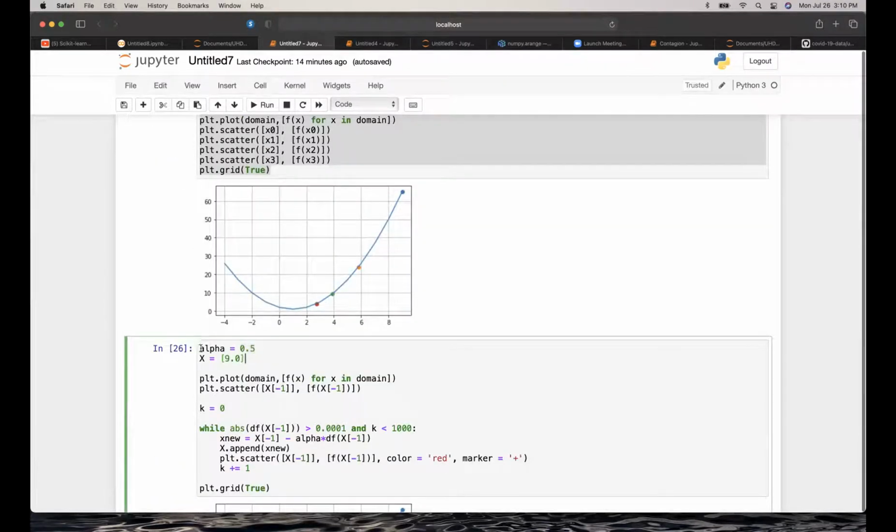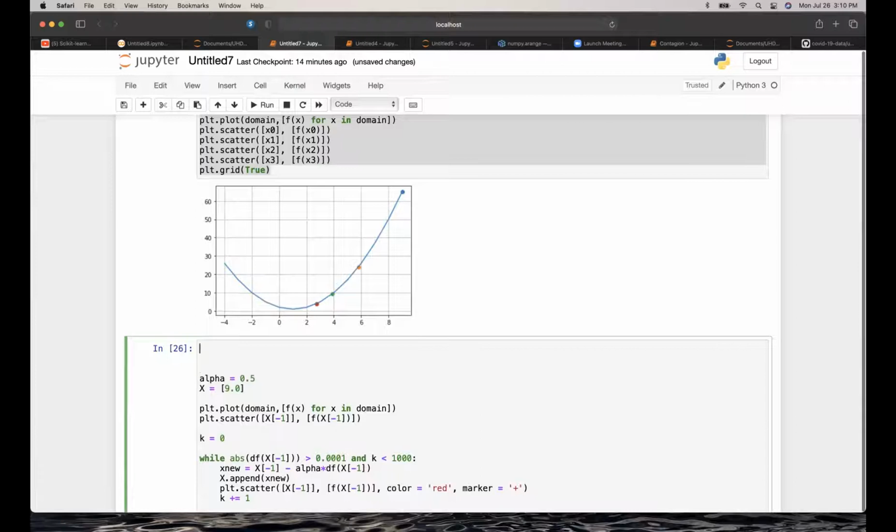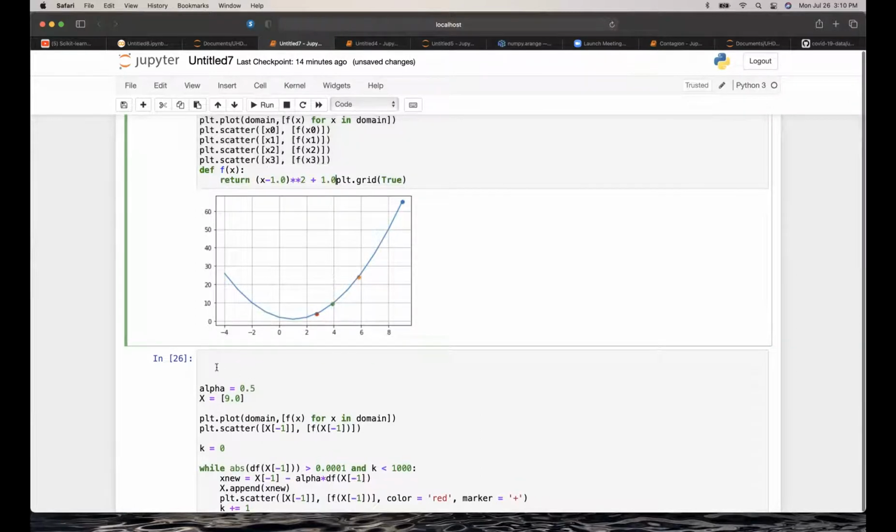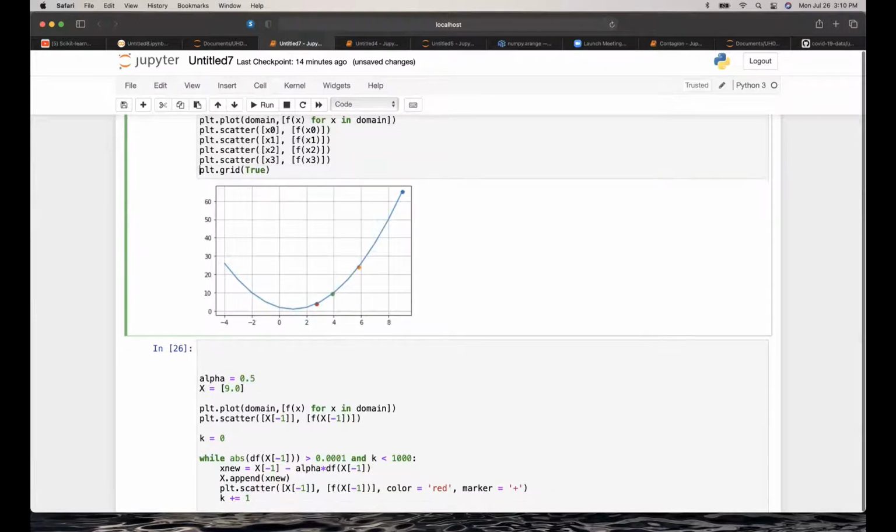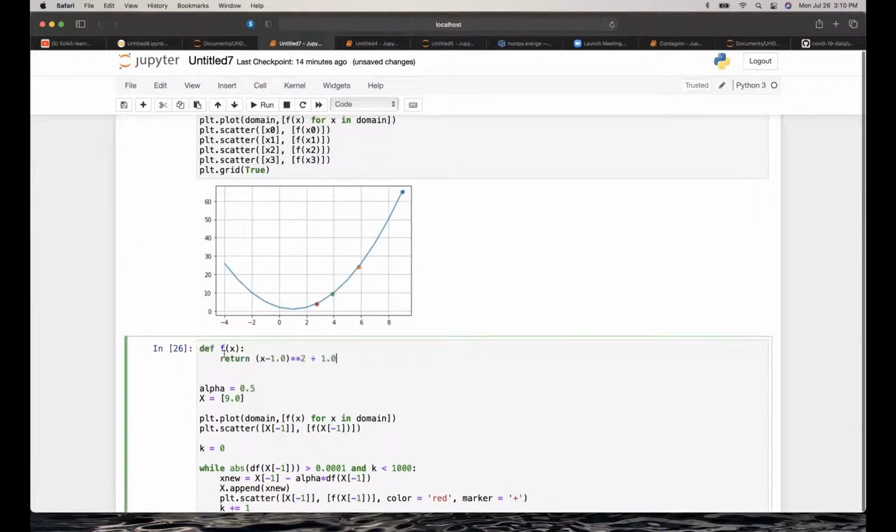So maybe instead of this, we can have a crazy quartic function plus x cubed minus 32 times x or something.